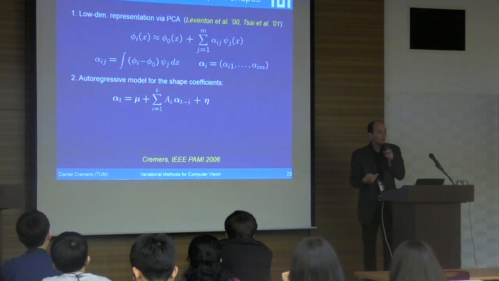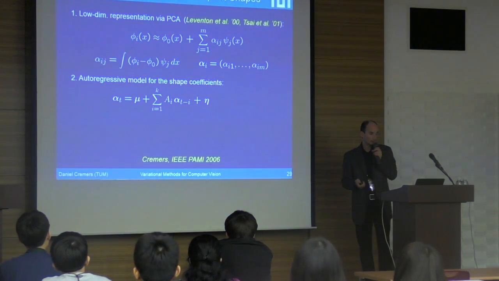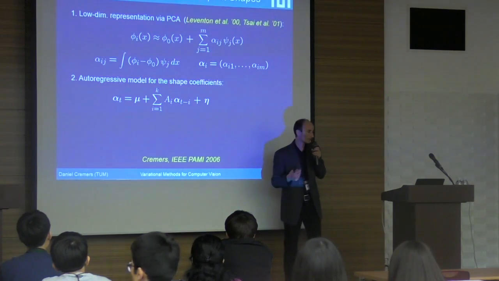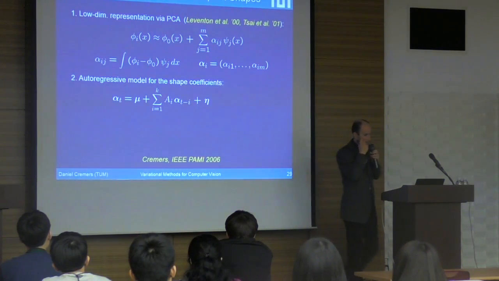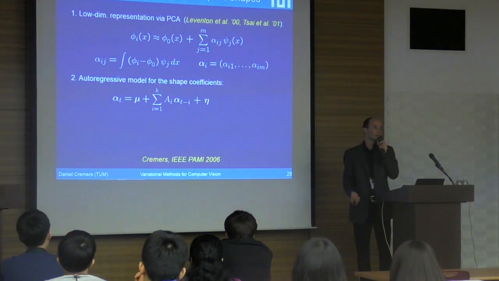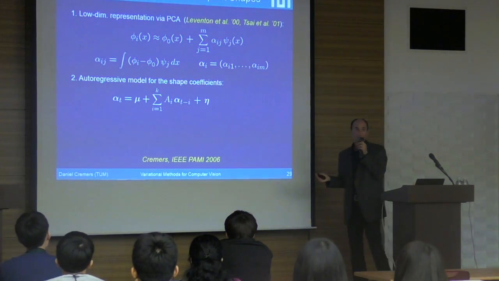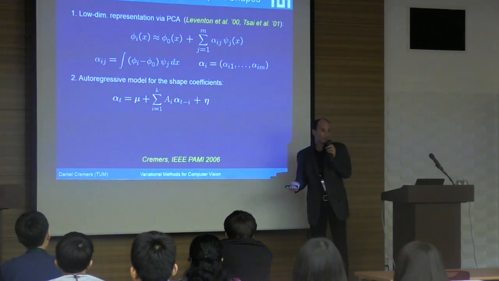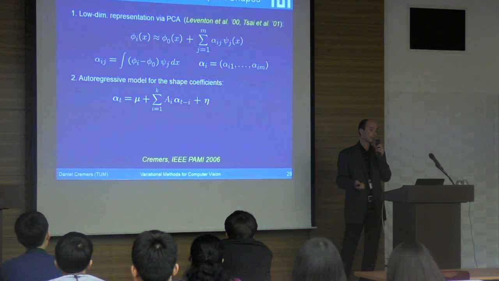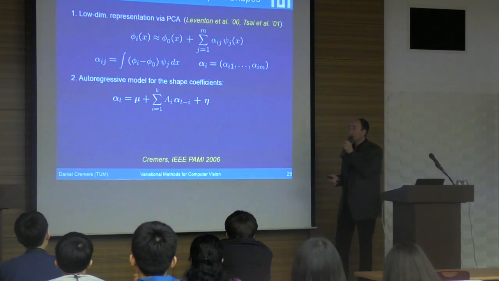And then I apply a dynamical model, a statistical dynamical model. And honestly, I don't know too much about time series analysis, so I actually went to the library and got a book about time series analysis. And if you open the book, basically in chapter 1 or 2, the first model that comes into the picture is the so-called autoregressive model. It's one of the simplest dynamical models.